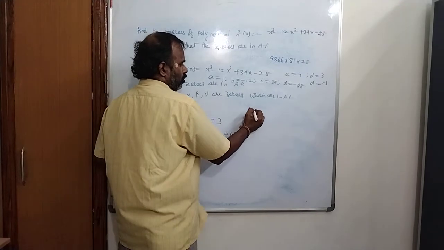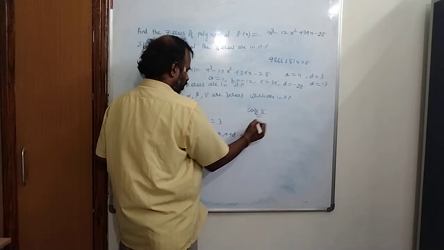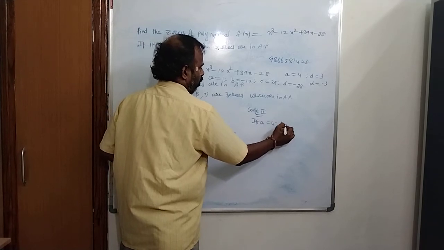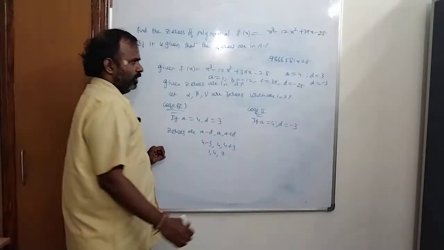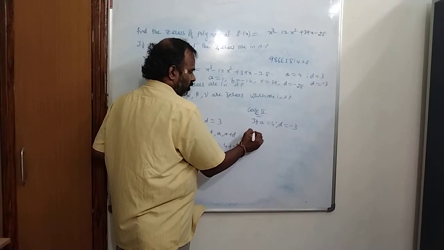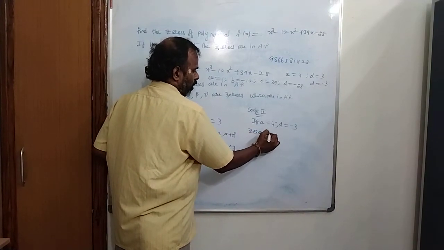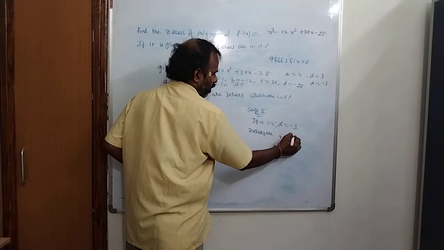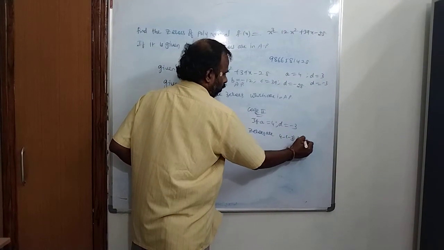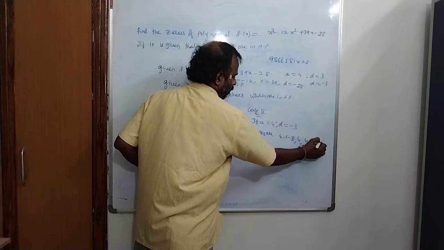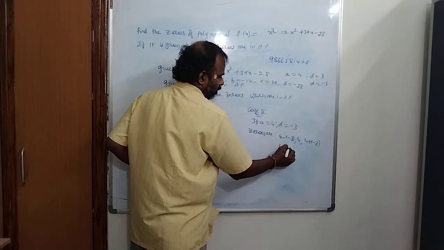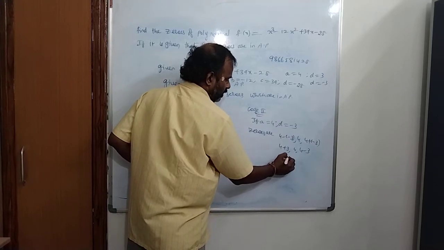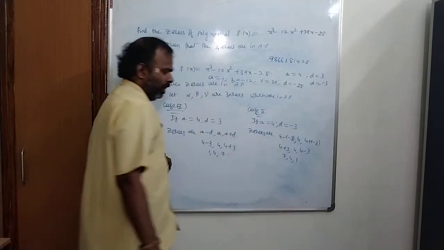Then case 2, if a is equal to 4, d is equal to minus 3, the zeros are again a minus d, 4 minus of minus 3, 4, 4 plus minus 3, which is 7, 4, 1.